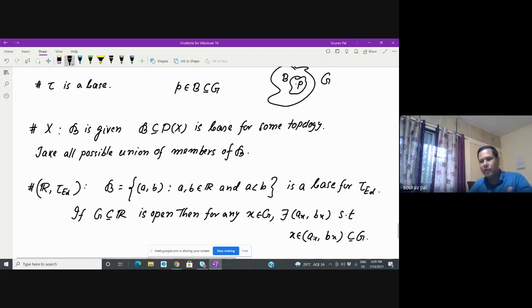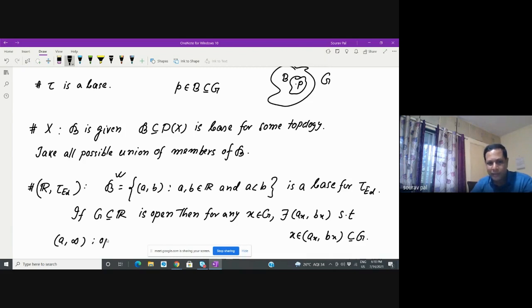So this is what we have learned in our real analysis, right? This is a basis, and this collection is much smaller than the collection of all open sets, right? Because the collection of all open sets contains members like, say, infinity.